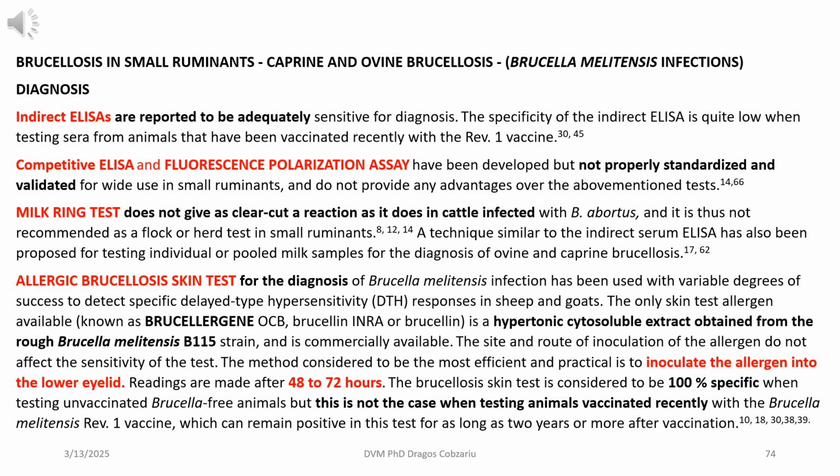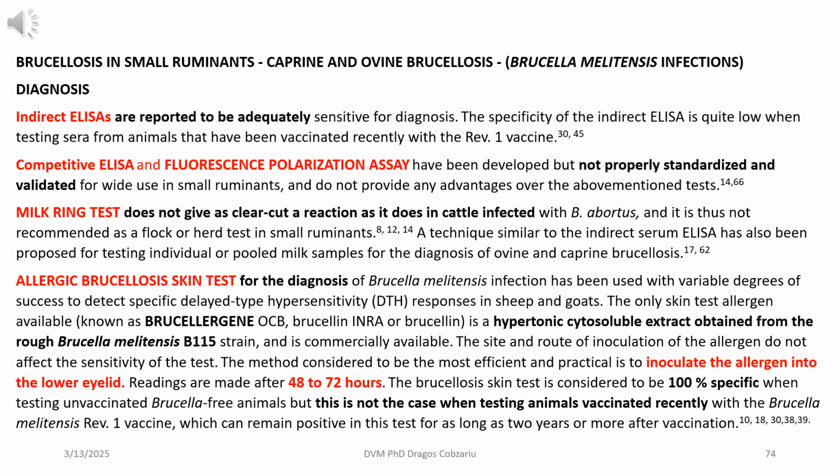Milk ring test does not give as clear-cut a reaction as it does in cattle infected with B. abortus, and it is thus not recommended as a flock or herd test in small ruminants. A technique similar to the indirect serum ELISA has also been proposed for testing individual or pooled milk samples for the diagnosis of ovine and caprine brucellosis.